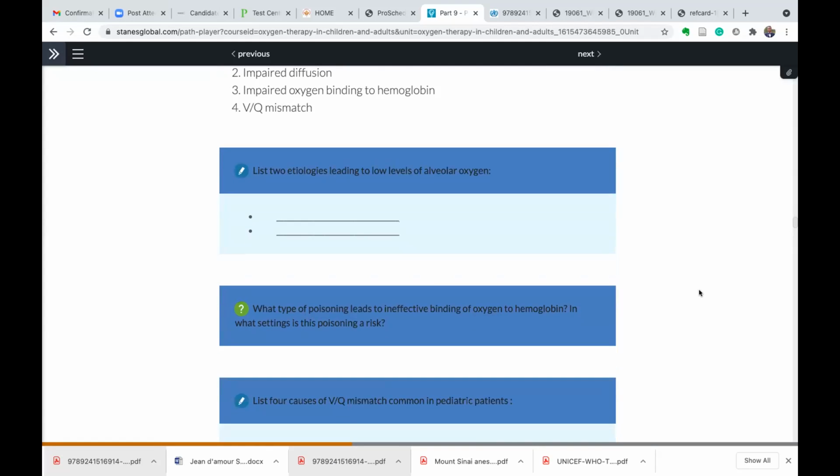So let's start with the first one. Can you please answer, give us examples of 2 causes of hypoxemia due to low oxygen in the alveoli? I think the question is clear.